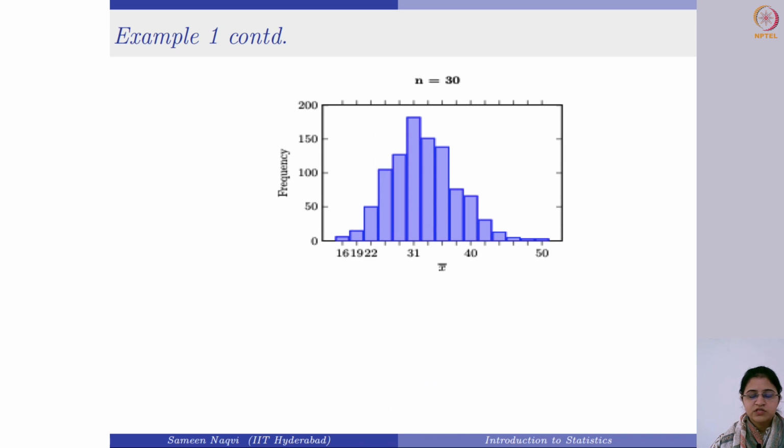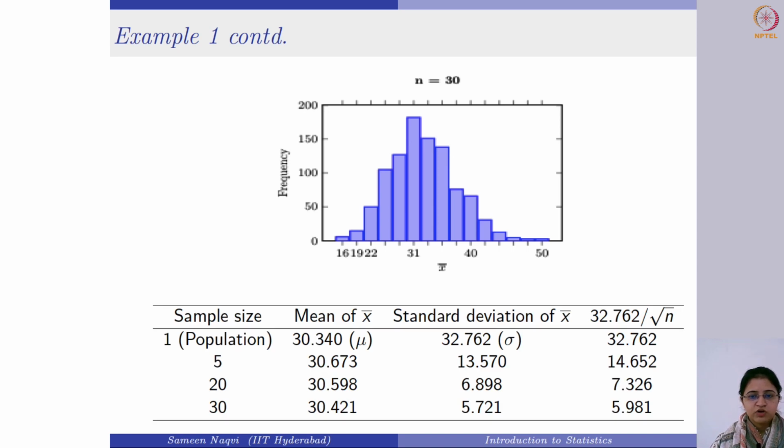If you take samples of size 30, every time note down its mean, again take a sample and redo it again and again, your distribution starts to become normally distributed. Although the original population is skewed, the sampling distribution of the sample mean is getting normally distributed.